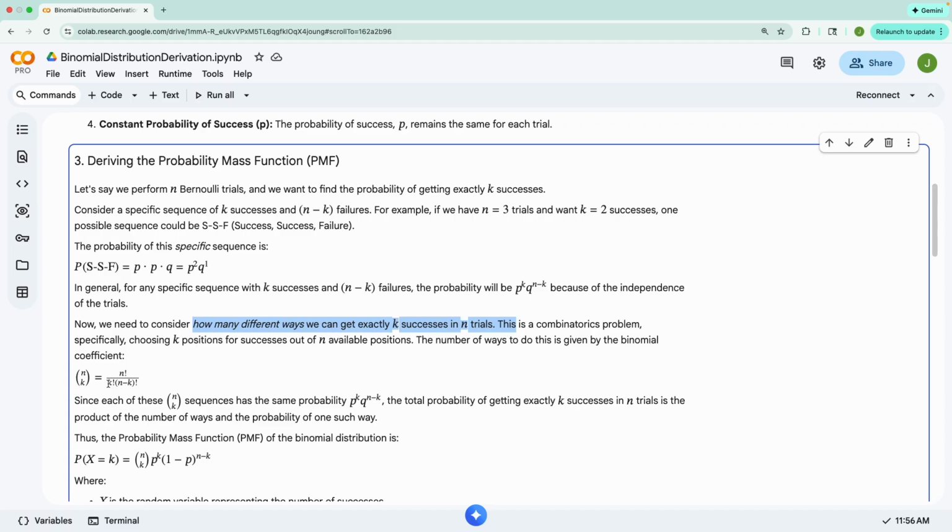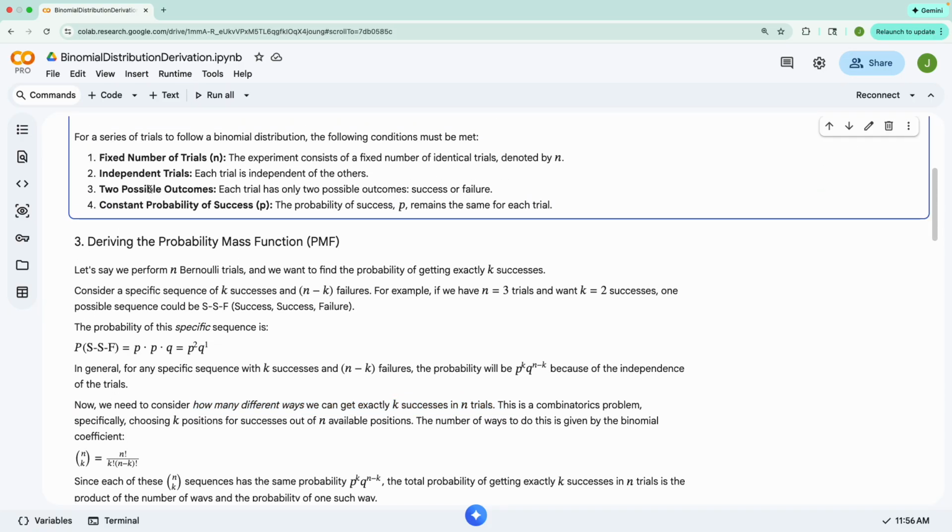So 3 factorial divided by 2 factorial is 3. And so there are 3 ways to get 2 heads when you toss the coin 3 times.